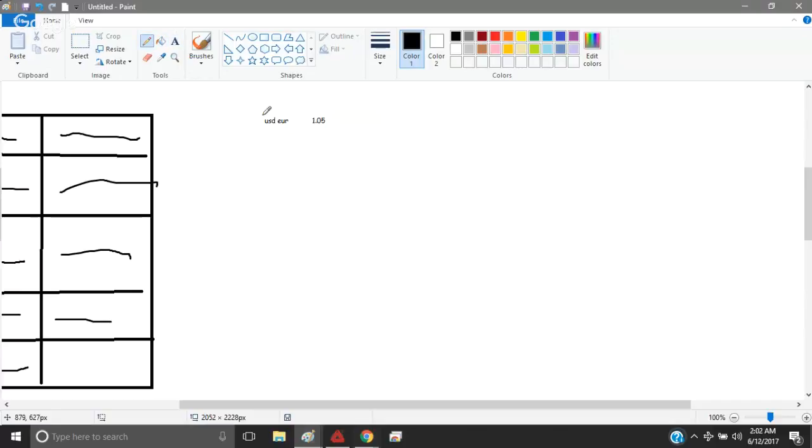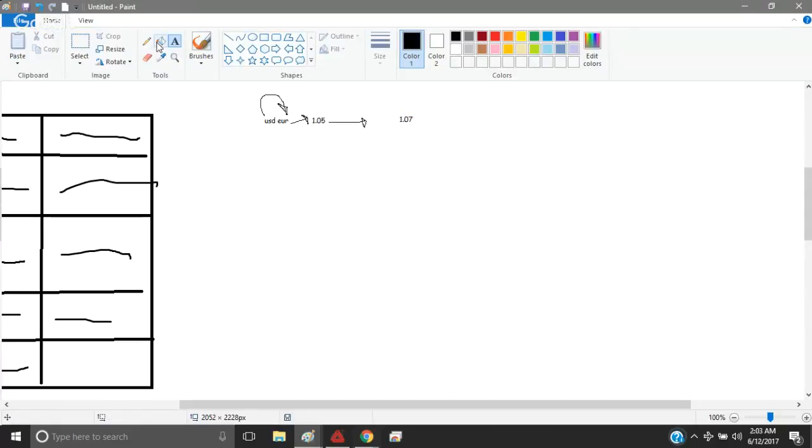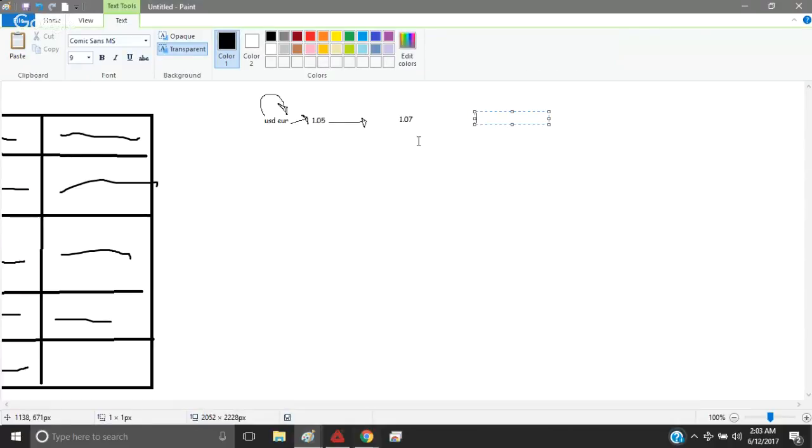So you're switching this to this. Right there is what's coming out. Okay, whenever you get back from vacation, whatever happened, they had an election and the price went up for the euro and it went up to 1.07. Okay, while you were gone. Say you were just gone for a week. Well, the price went from here to here, and whenever you got back, you're cashing in on a little bit of profit.